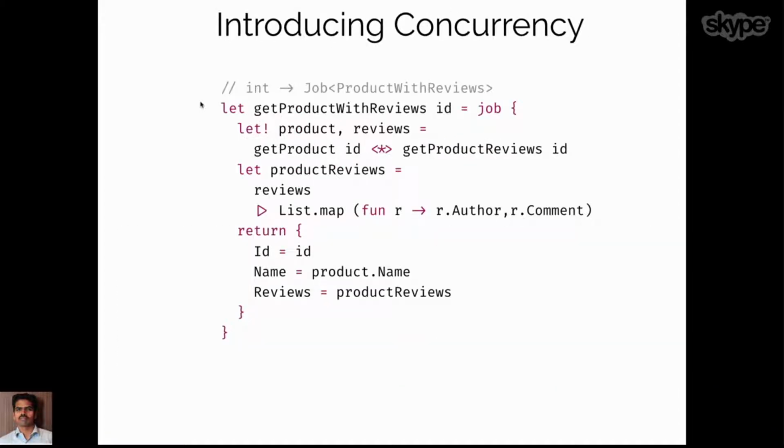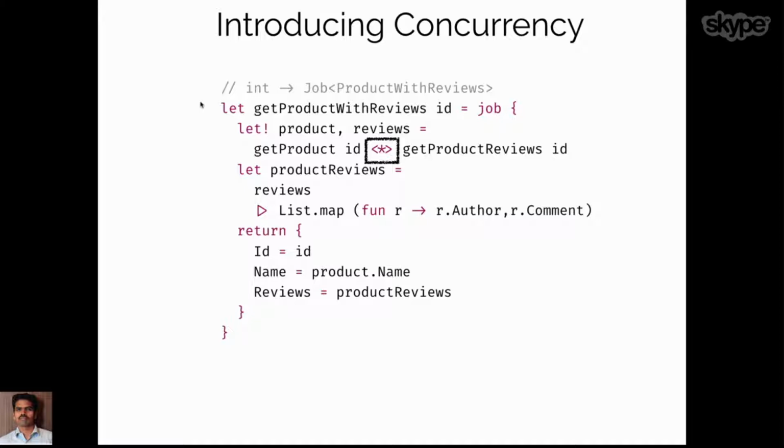Coming back to the actual example where we introduce concurrency, it uses that infix operator, which takes 2 jobs. From the previous example, getProduct of ID returns a job of product, and getProductReviews of ID returns a job of product reviews.